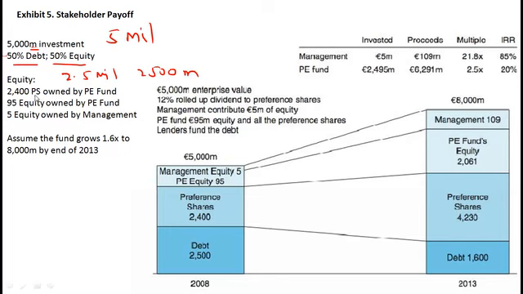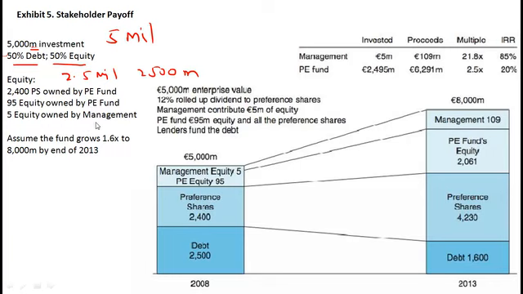So 2,400 is preferred shares owned by the private equity fund. We are saying that of those 2,500, 2,400 is preferred shares. Of the remaining 100, 95 is equity owned by the private equity fund, and 5 is equity owned by management.